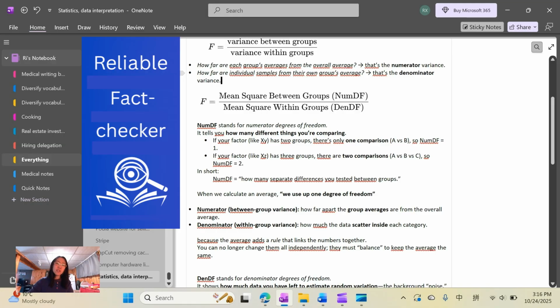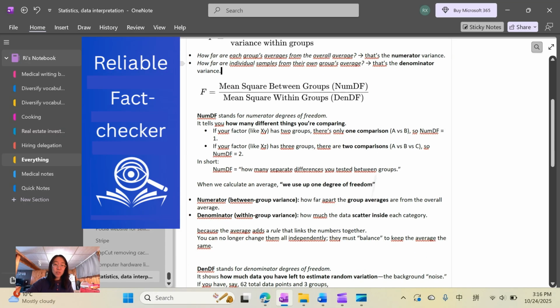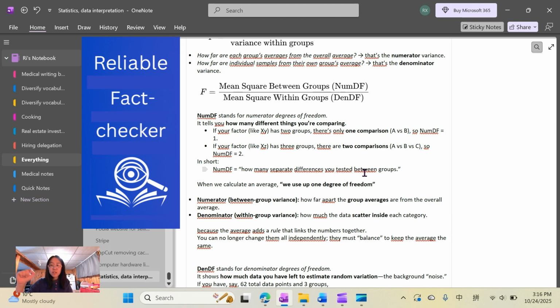Okay, so that's what I learned so far, and there's the meaning of degree of freedom. Degree of freedom means how many different things you're comparing. If your factor, like XY, has two groups, there's only one comparison, which is A versus B, so numerator df is 1.